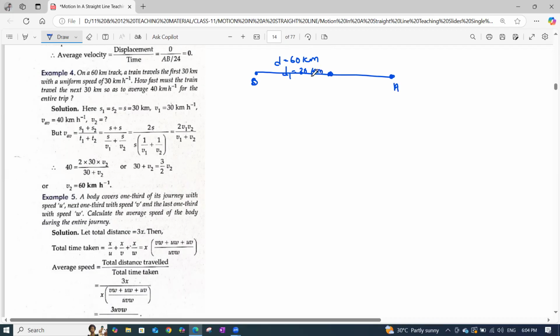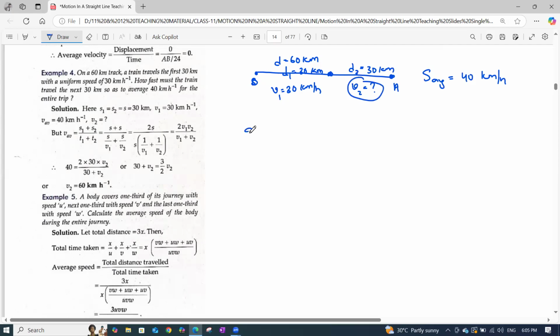How fast must the train travel the next 30 kilometer? So this distance D2 is equal to 30 kilometer, this is V1, and with how much speed should the train travel, V2 is equal to question mark, so that S average, the average speed, is 40 kilometer per hour. So we need to find out this V2.